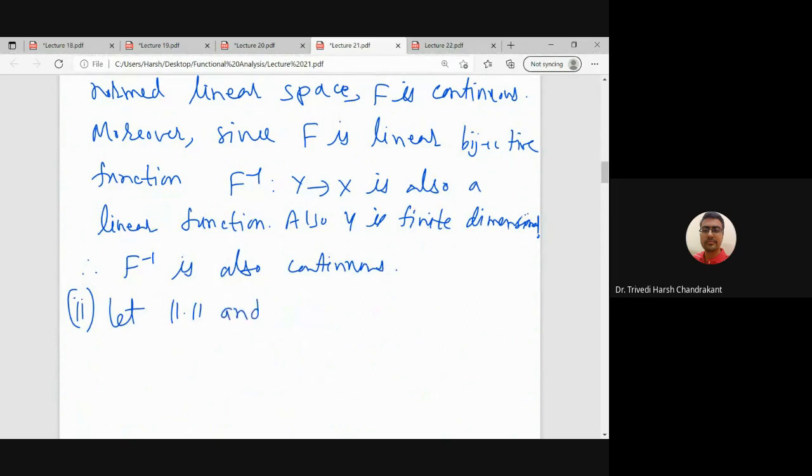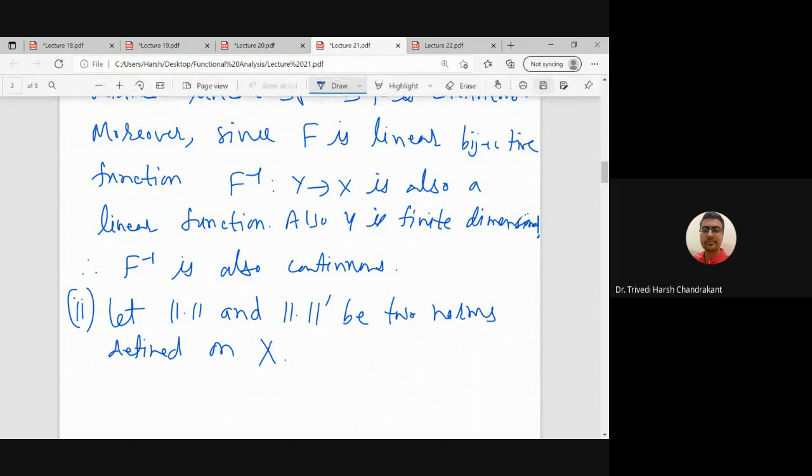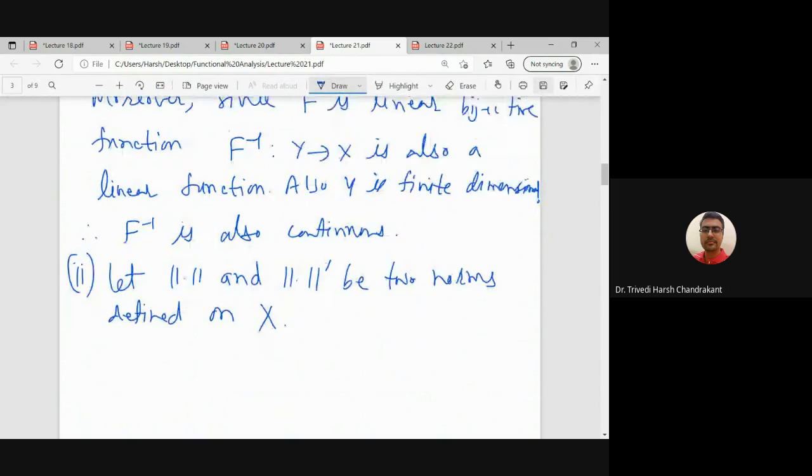And what is given? X is a finite dimensional vector space, that is given. So we have two norms on X.